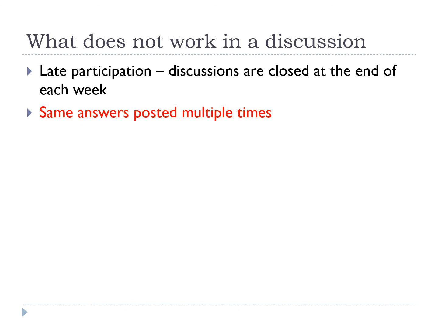A discussion is not multiple answers to the same question. In some cases, I have posted a problem and have had 10 different students give me the same answer to the problem. This is not the point of an online discussion. When you answer a discussion problem, read all of the previous postings first. If someone has already posted an answer, do not post the same answer.